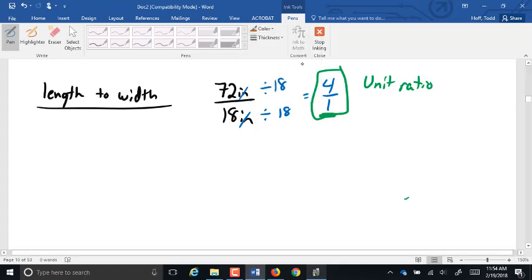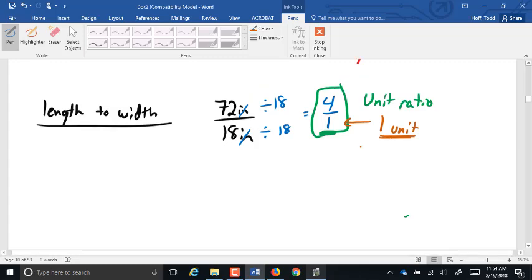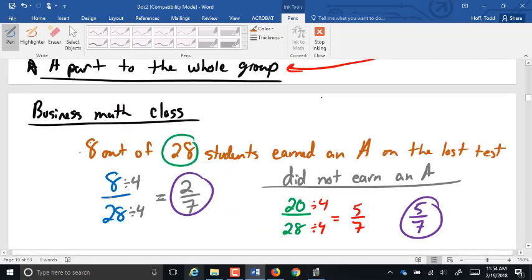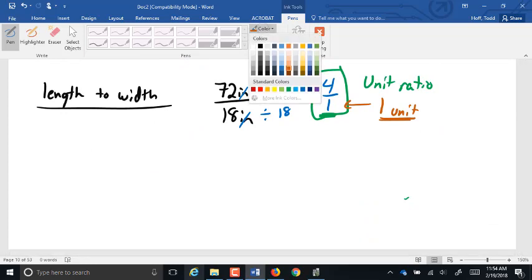And in a unit ratio, that bottom number, or the second number, is a 1, or 1 unit. In ratios, there are some ratios that we do usually express as unit ratios. But in most cases, we can leave them like we had up above, that 5-to-7 or 2-to-7. We reduce them as far as we can, and we leave them like that.